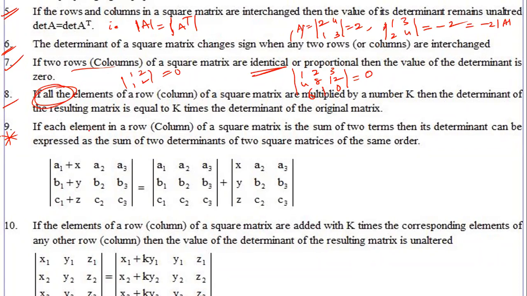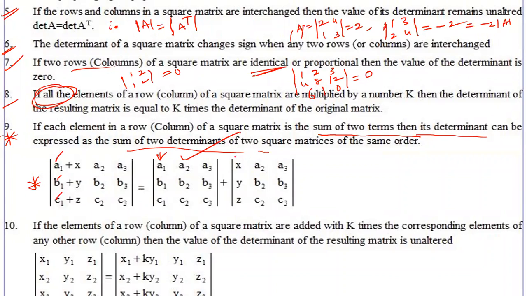Ninth one. If each element in a row or column of a square matrix is the sum of two terms, then its determinant can be expressed as the sum of two determinants of the square matrix. This is the advantage. A1, B1, C1 is the first row, first column, remaining as usual.